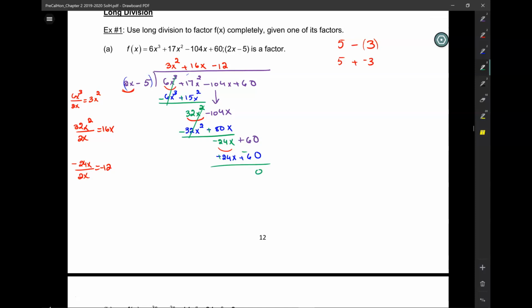Yay, it was a factor after all. So I can say f of x is equal to the first factor, 2x minus 5, times this second factor, which is my quotient.